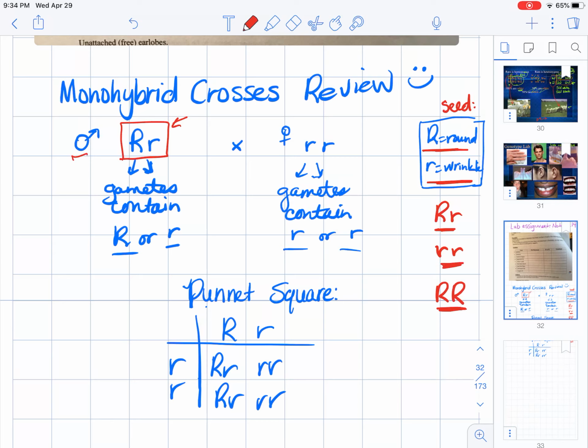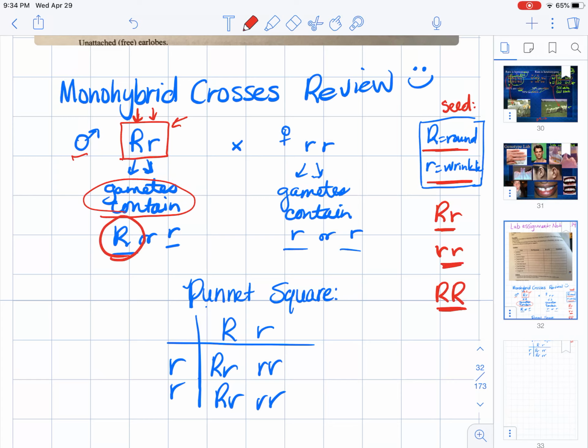Now, when we cross two individuals, we've got one here that we would call heterozygous because this parent, the male plant, would carry a round gene from one parent and a wrinkled from the other.